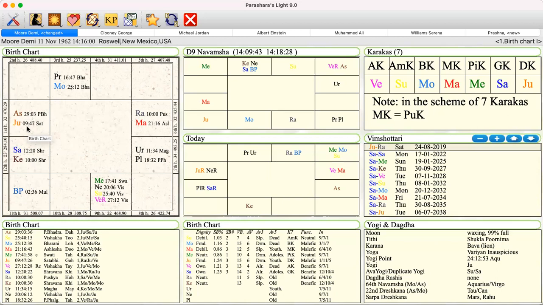Jupiter being there, the yogi planet, is a very, very fortunate placement. And she also has her Moon at the degree of Bharani, which is the Yogatara, and her ascendant degree is in Shatabhisha Bhadrapada Yogatara as well. So she has a very strong chart.